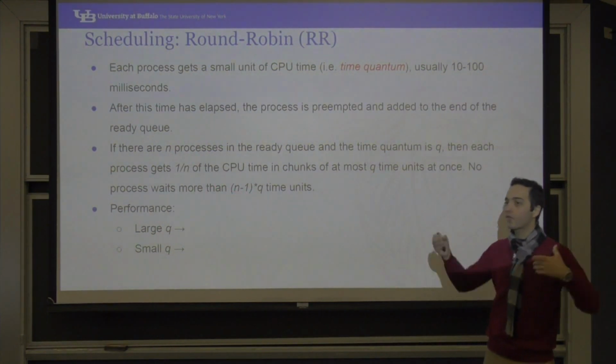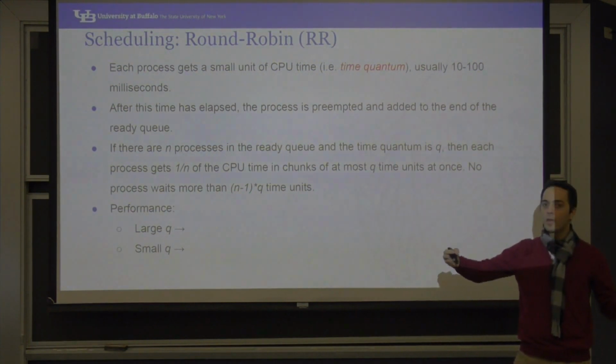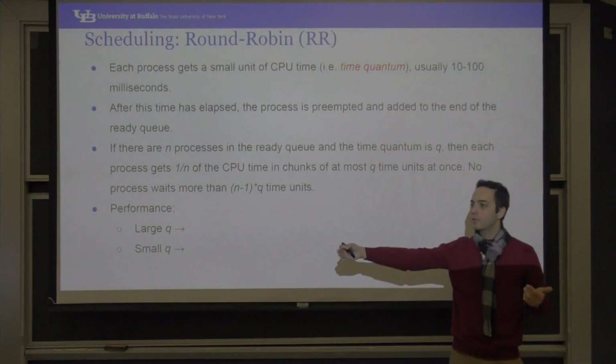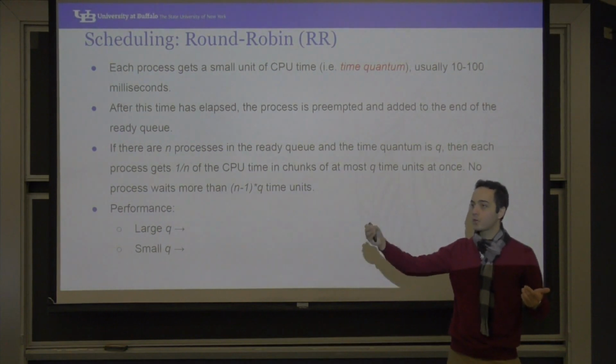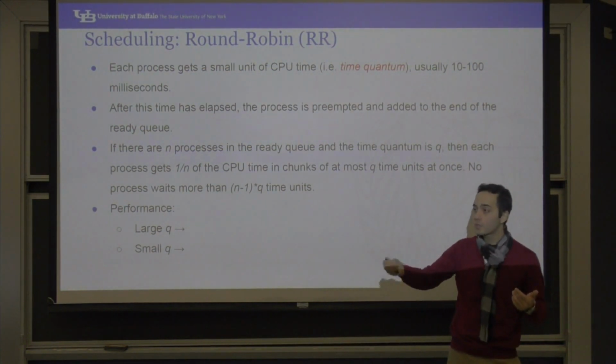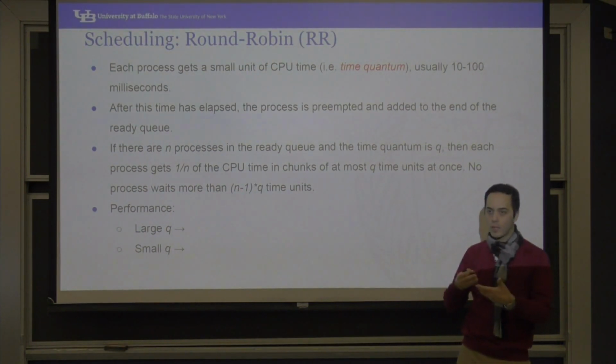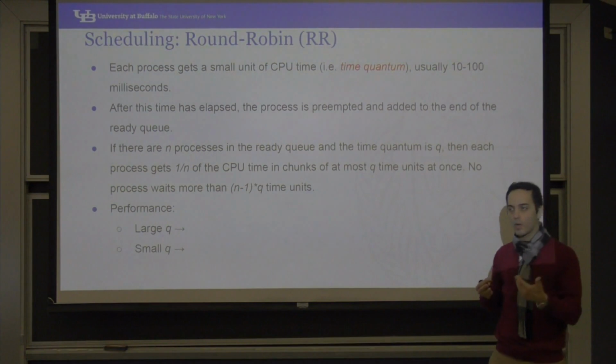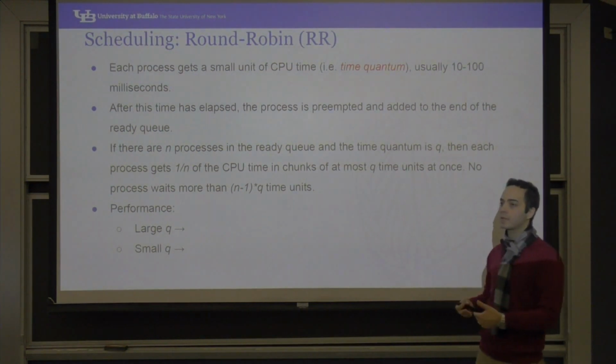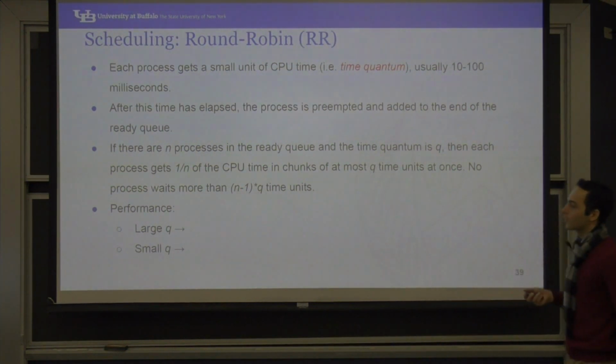So if you have n processes, the last process that gets scheduled gets its first response after n-1 quantums, because it's a queue, so when you are in the queue, you will get your response in order.